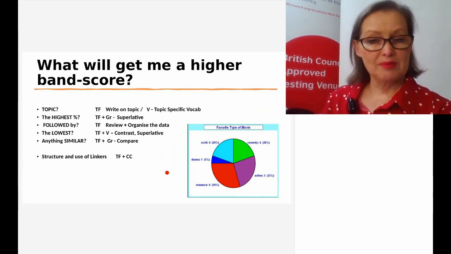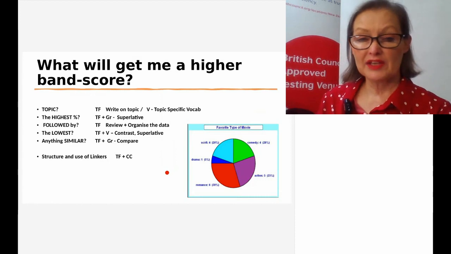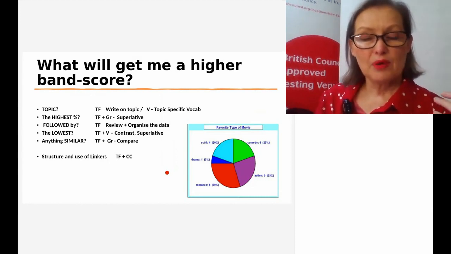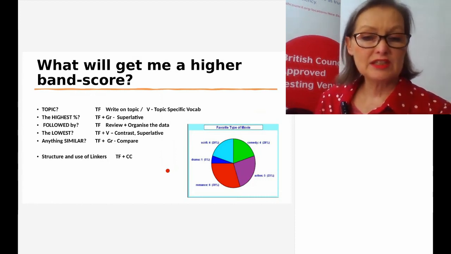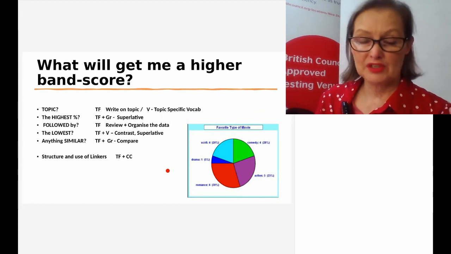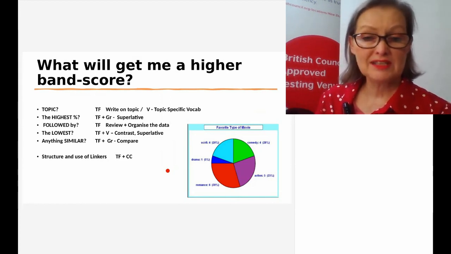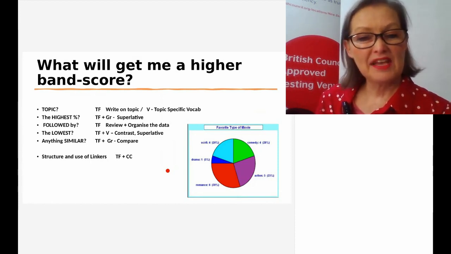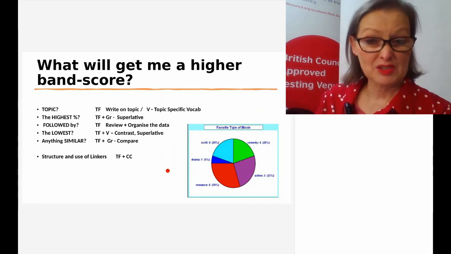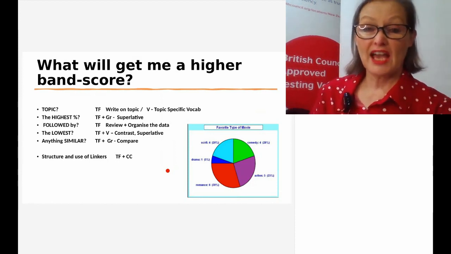If I'm talking about the highest, if I can pull out the data accurately, I'm going to score on my task fulfillment. And when I write, I'm going to be using my grammar of superlatives. That's going to help me get a higher grammar score if I can use those accurately.